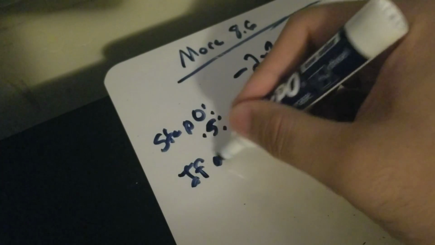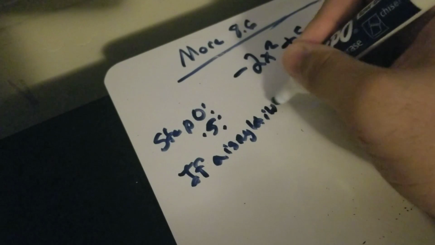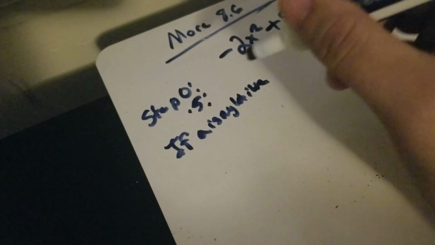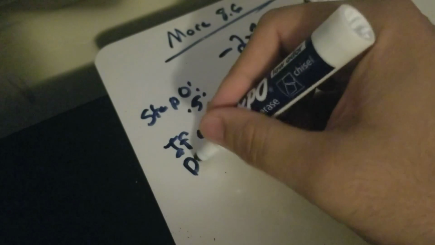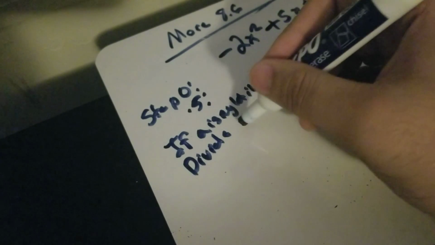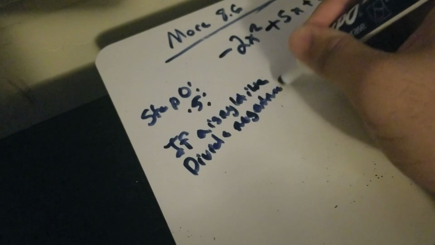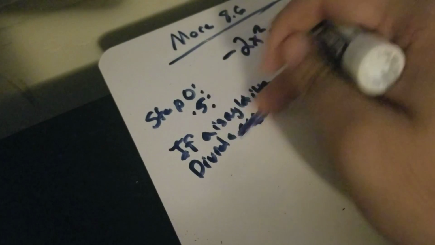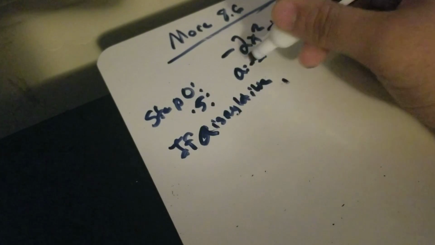But if a is negative, factor out negative 1. Why did I write negative 1? I could have just written minus 1. So if a is negative, in this case a is negative 2, and we don't like that.